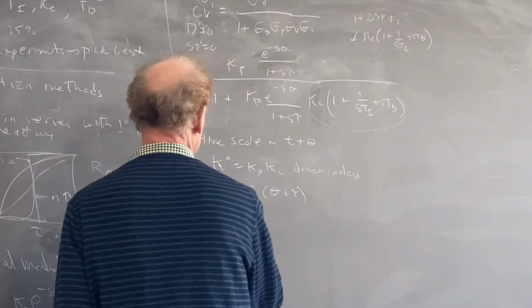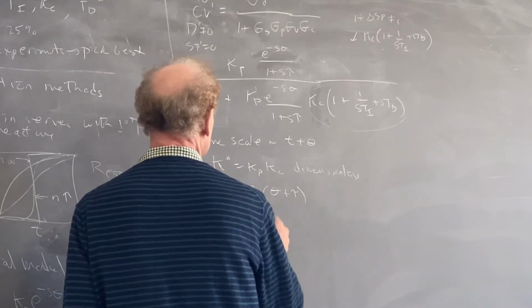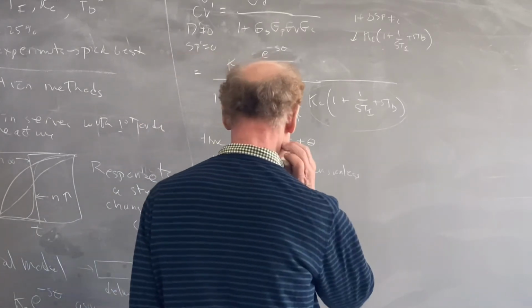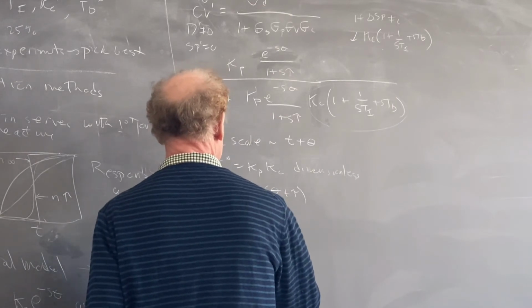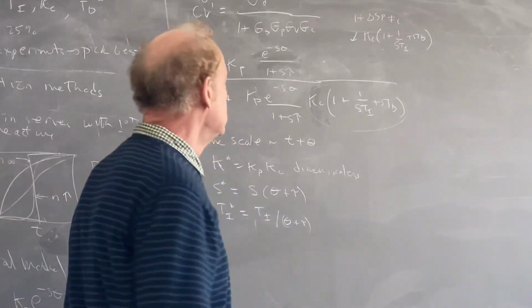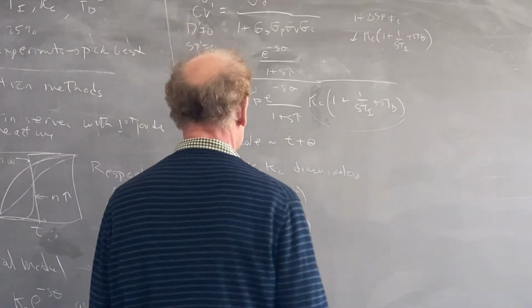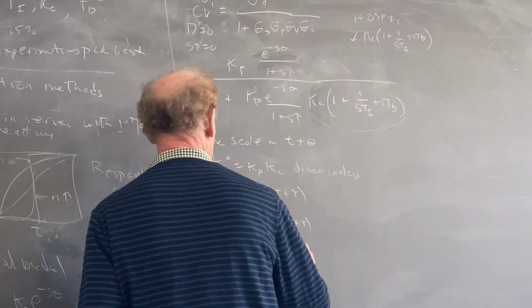Similarly, my Ti star should be equal to Ti divided by theta plus tau. And my Td star should be equal to Td over theta plus tau.